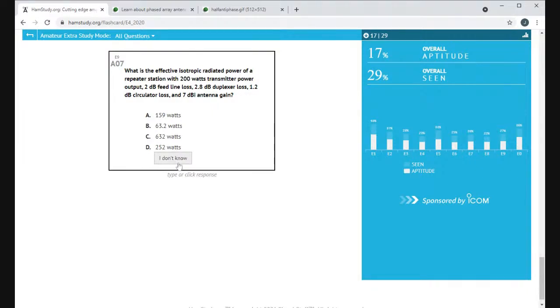What is the effective isotropic radiated power of a repeater with 200 watts transmitted power output, 2 dB feed line loss, 2 dB duplexer loss, 1.2 dB circulator loss, and 7 dBi antenna gain?